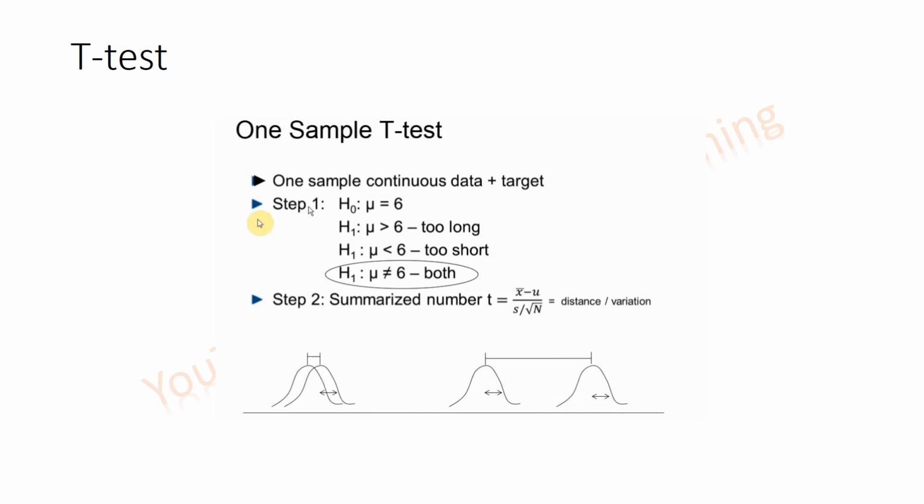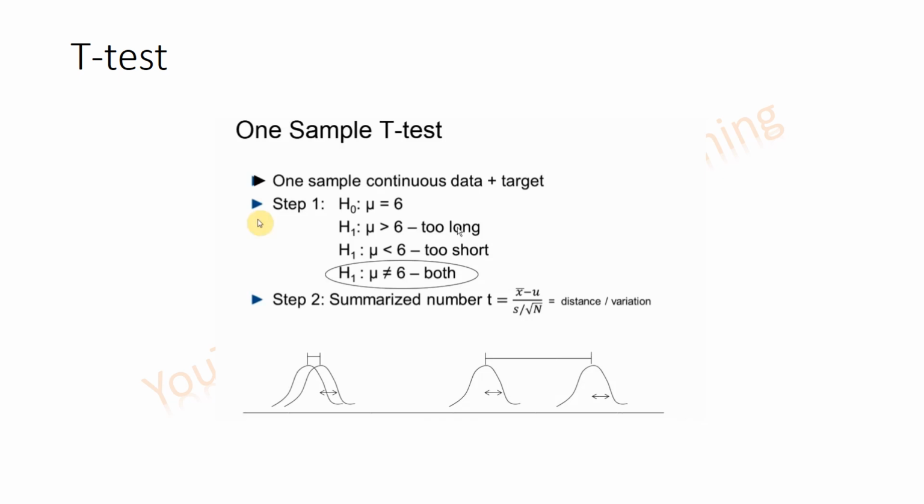How to choose? Based on your research interest. Research interest means, suppose I'm a manager and we are losing business. People complain you're too slow. All right, so this is some question in my mind. So I want to run the hypothesis test. I'll pick up some samples. What I try to prove is, if mu is greater than 6, we've got a problem.